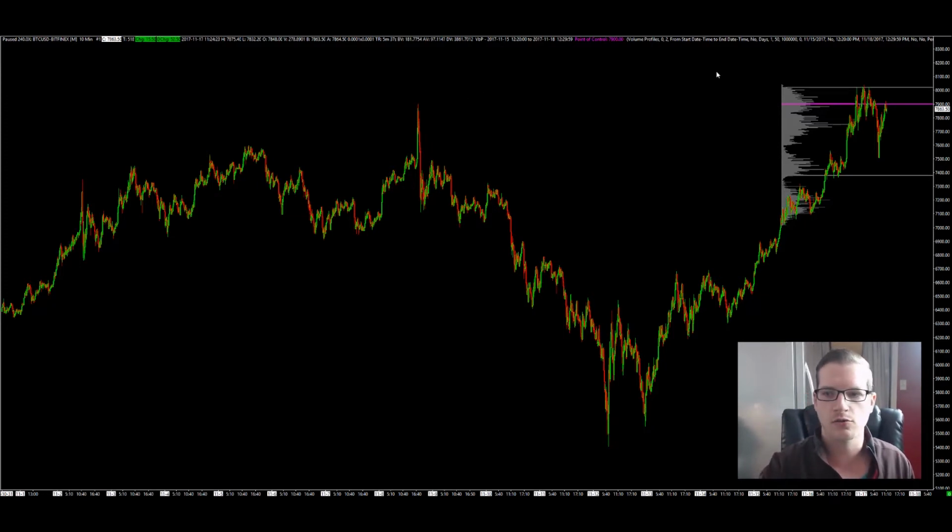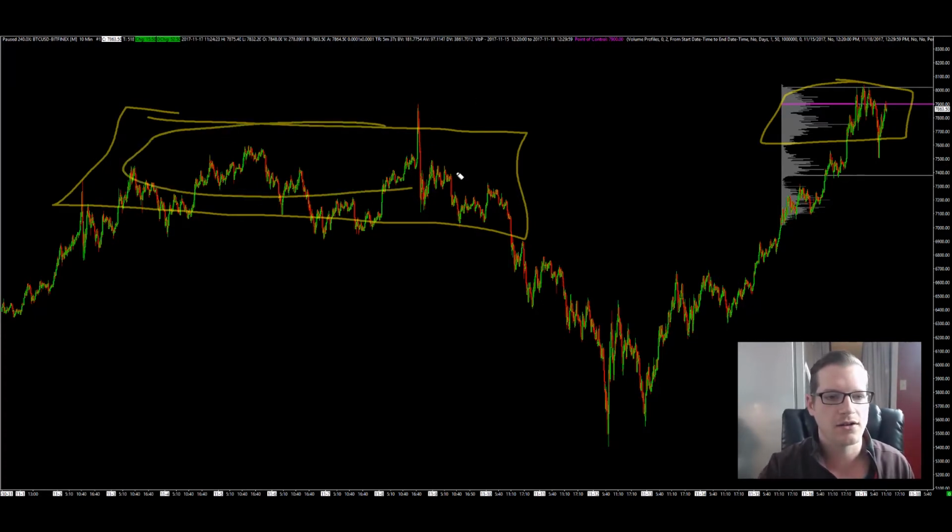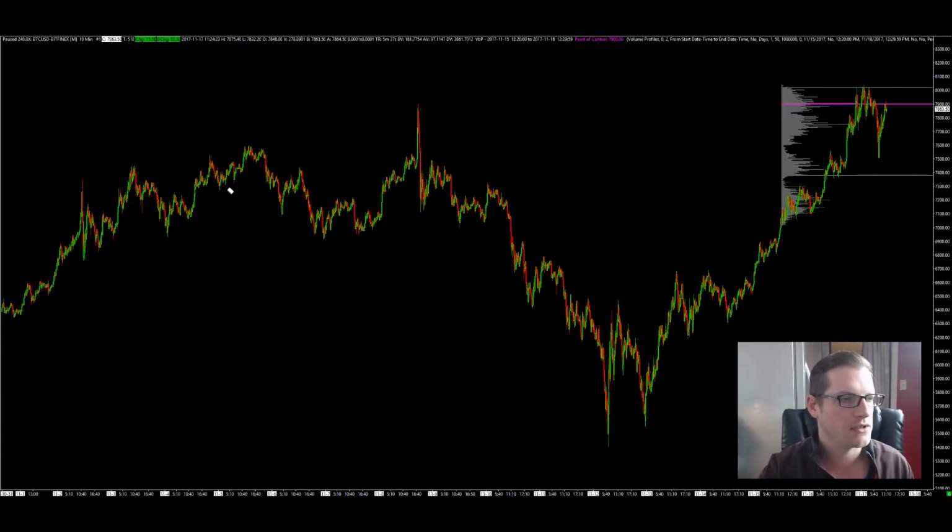As we can see here, we had this big area of a lot of rejection, let me get my drawing tool, and then right here we actually broke above that. So what I'm looking for is a bounce play. I'm looking to buy into this area, only we're going to do it over here. So let me show you what I was thinking, and we will get to it.